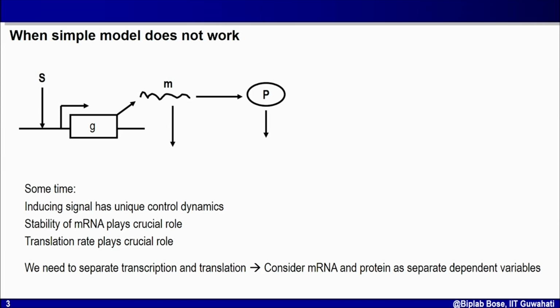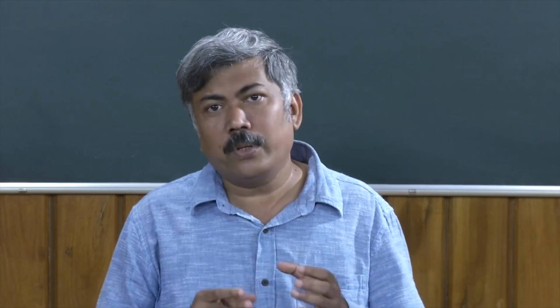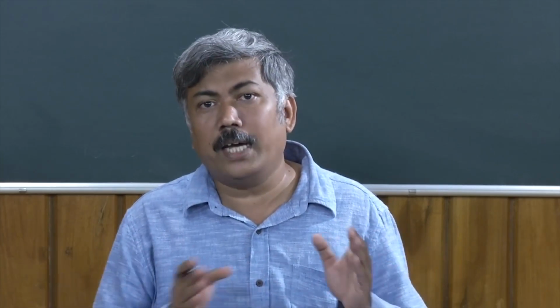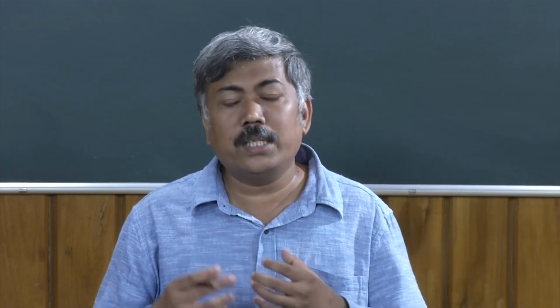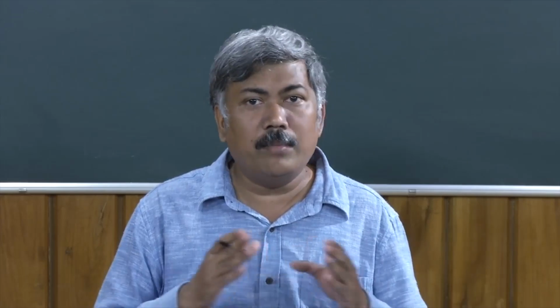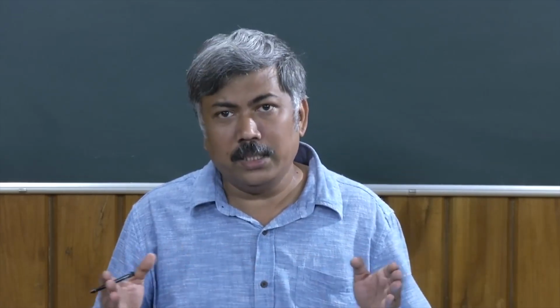Suppose I want to study the effect of stability of mRNA on the dynamics of protein concentration in the cell. Then I have to consider transcription and translation separately, because I want mRNA as a dependent variable also. Similarly, if I want to look into the rate of translation as a separate parameter, and study the effect of different rates of translation on the dynamics of the protein, then I may have to separate out transcription and translation, model them, and write the ODEs separately.